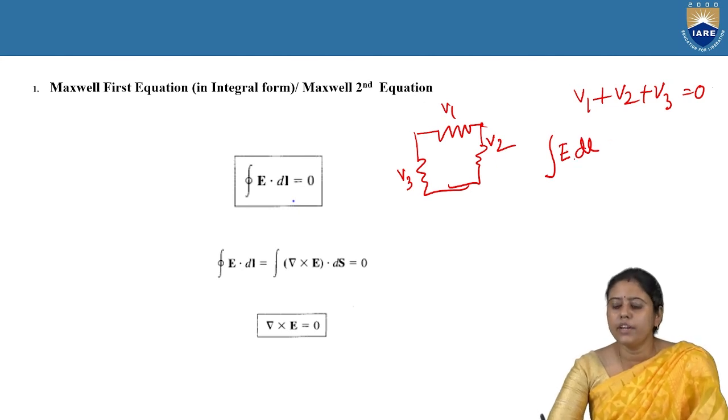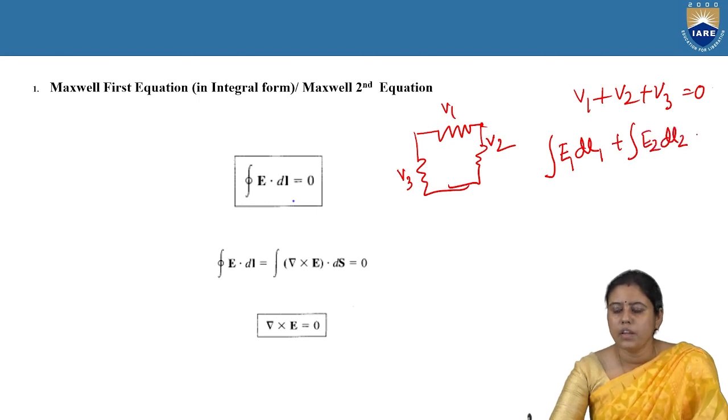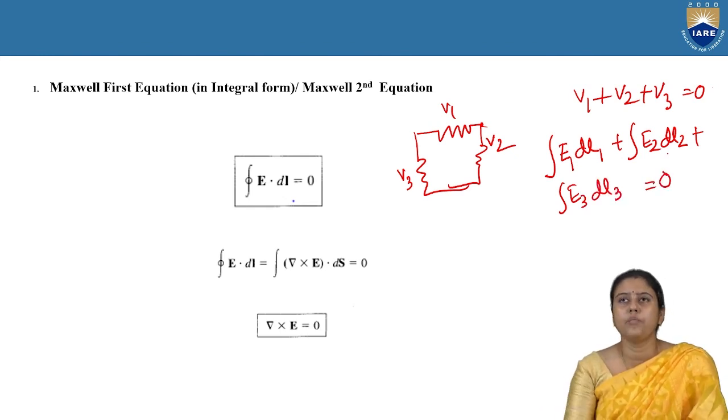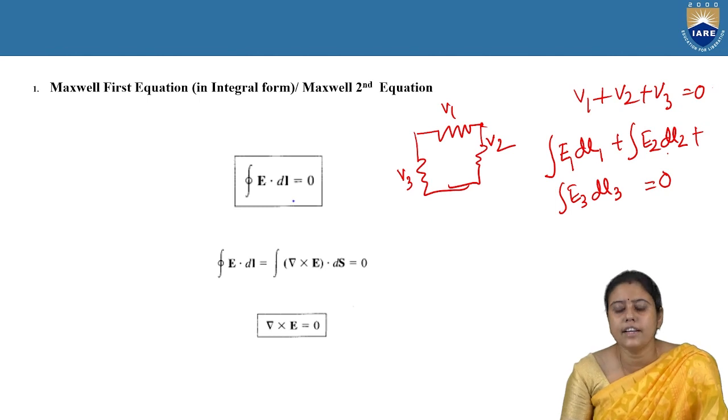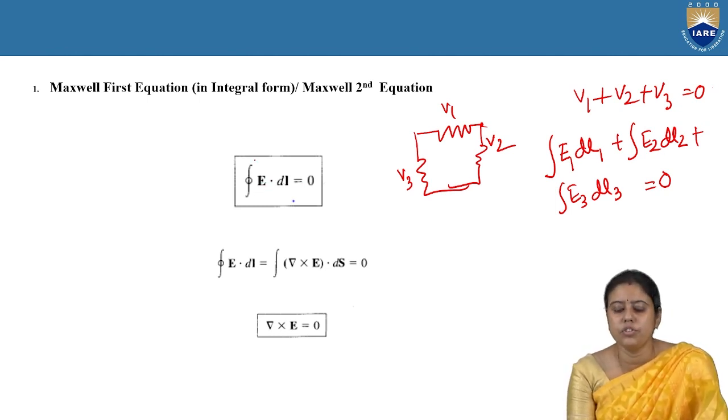So we can write integration of E1 dl1 plus integration of E2 dl2 plus integration of E3 dl3 equals 0. So in a closed path, E dot dl is equal to 0.